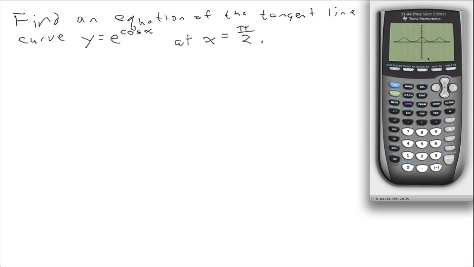Excellent. Good. What do all these little hash marks mean? I think these all stand for 1 unit. However, since we're doing trig, it might be more useful to follow along on your calculator to this zoom that's specially designed for trig. Do you have that on your calculator? Mm-hmm. So let's hit equals.